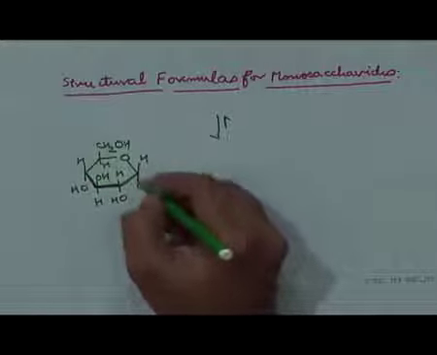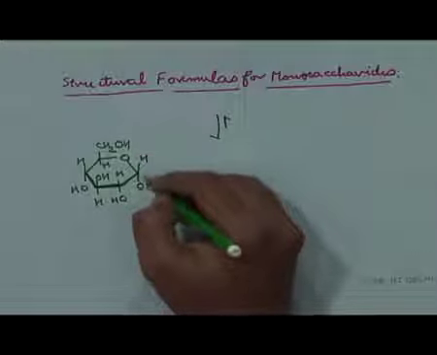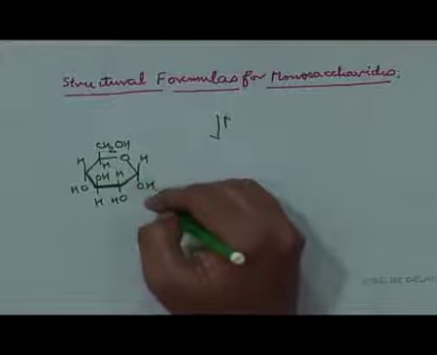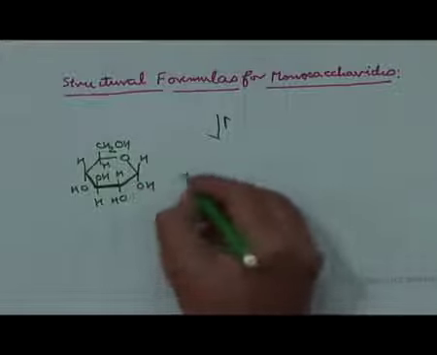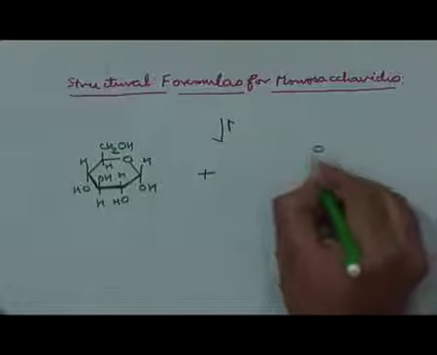So, one possibility: if the aldehyde group gets attacked by the hydroxyl, it can lead to the hydroxyl down, and in the other possibility the hydroxyl can go up. So, I will draw the other possibility.